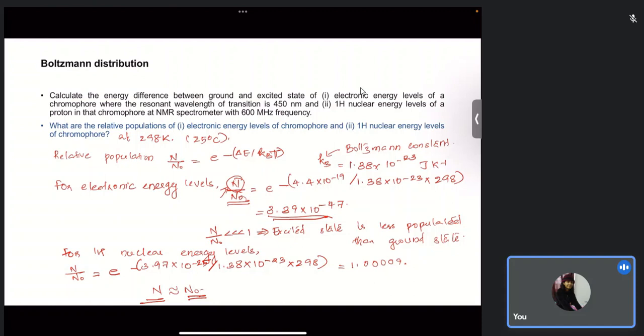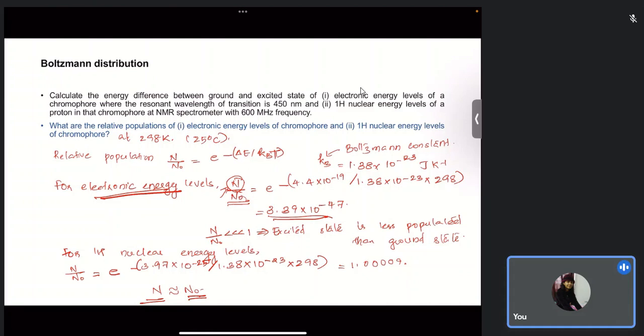This makes nuclear spectroscopies less sensitive compared to electronic spectroscopy, because when you have a higher population difference between the ground and excited state, that's when you observe better sensitivity.